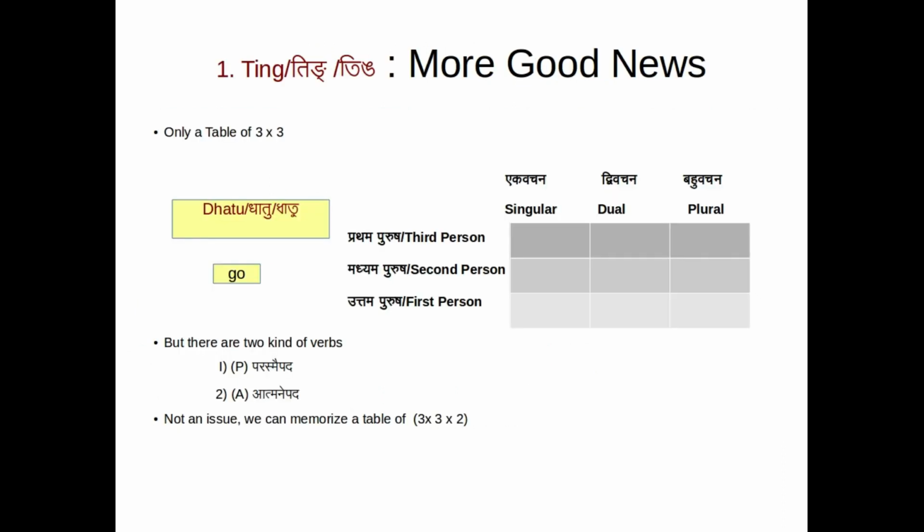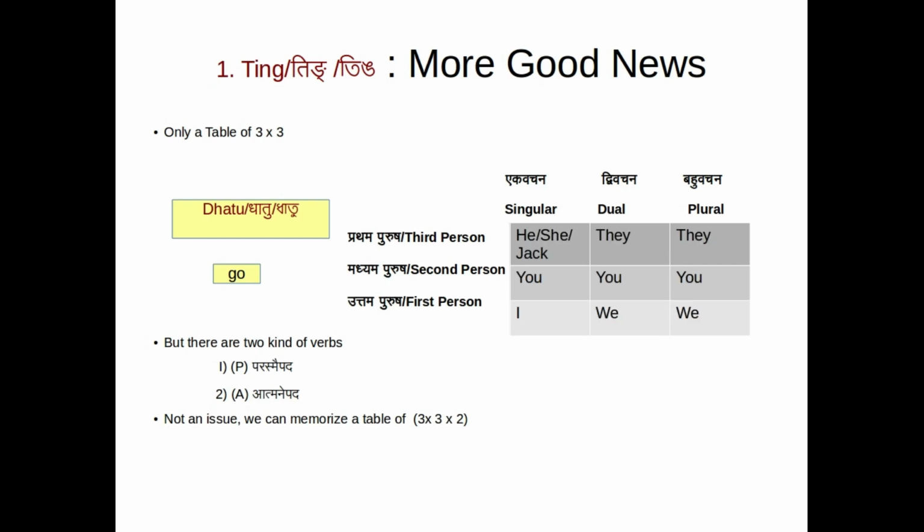A dhatu is related to a verb or action, and the action can be used in 9 different situations. It depends on the person performing that action. There are 3 persons, like in English: first person, second person, and third person.